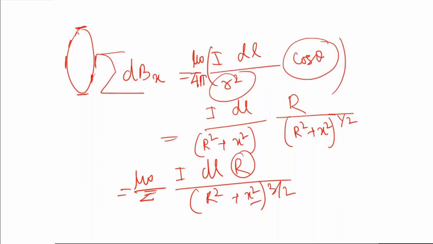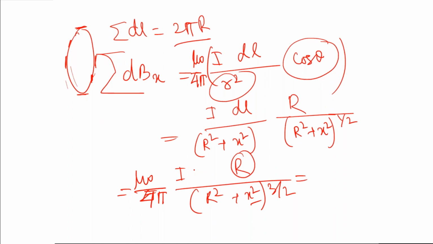And the summation over dl actually will be 2 pi R. You take small lengths and then add them all, then you get dl as the periphery, 2 pi R. So if you put this 2 pi R over here, look what I get.